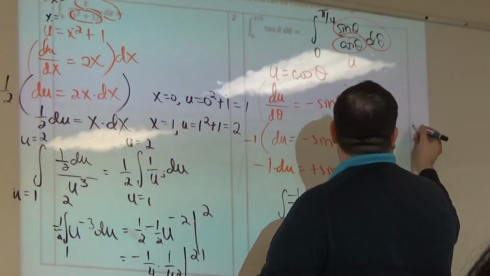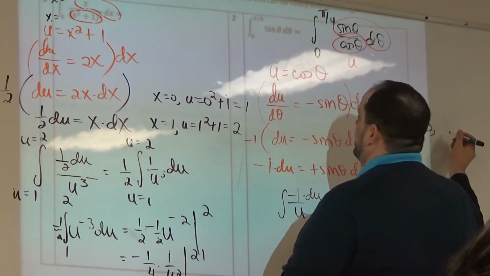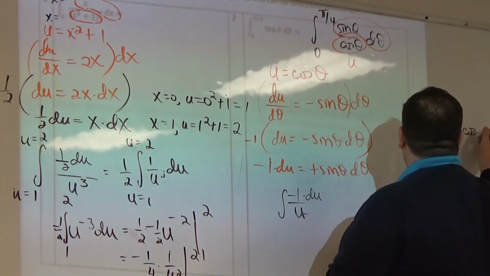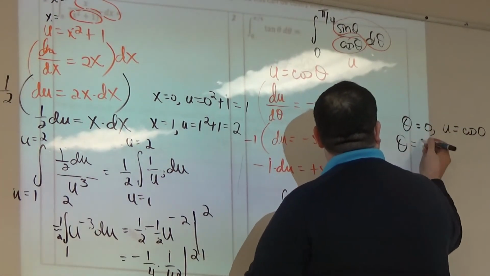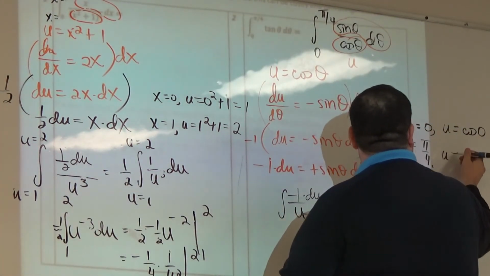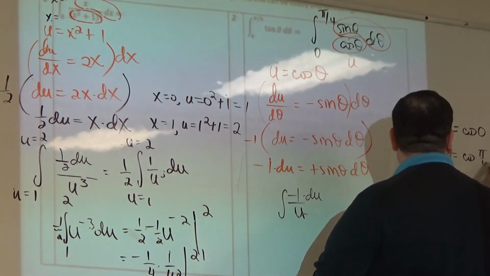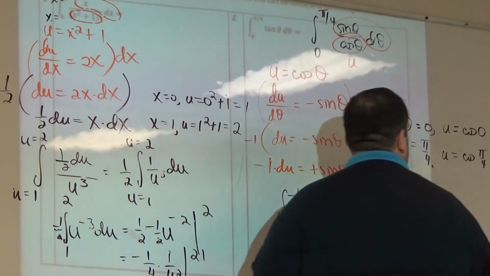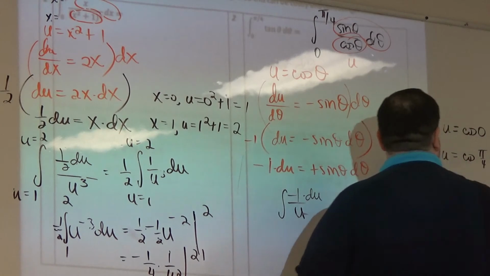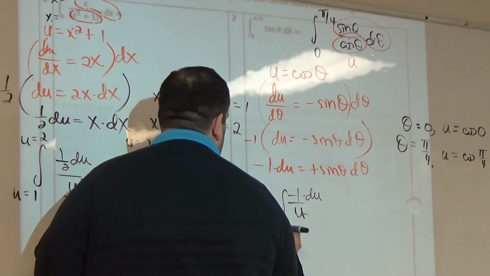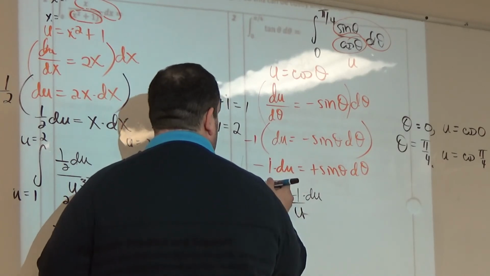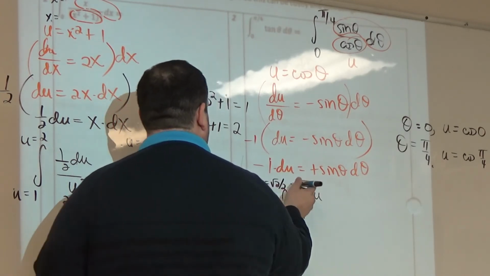Originally theta was equal to 0. u is the cosine of that, so cosine of 0 is 1. Theta was pi over 4. u is cosine pi over 4, and cosine pi over 4 is the square root of 2 over 2. So my new limits are 1 and square root of 2 over 2.